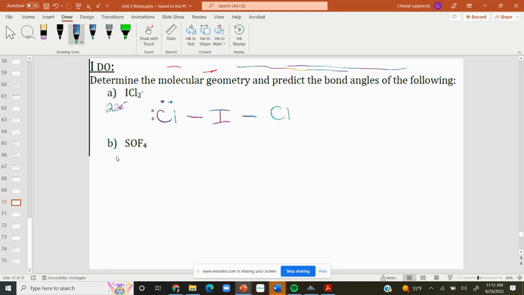This one could have it extended. I don't want to do this. Not that. All right. 16 here.